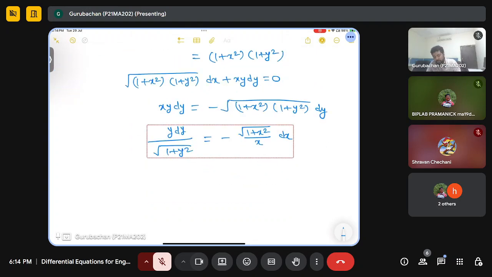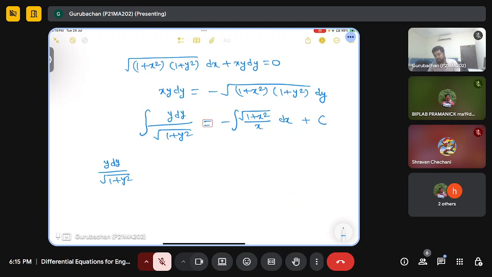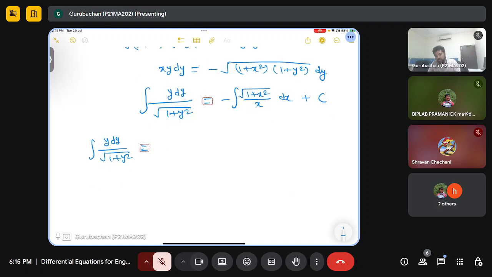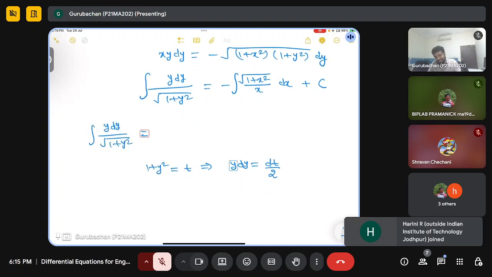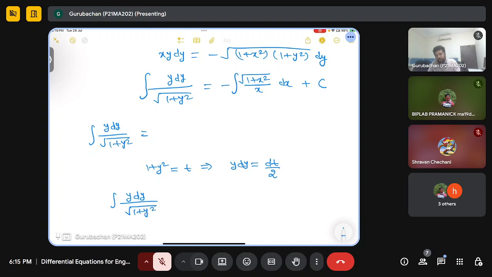Okay, sir. So if you observe from here, we can separately integrate both sides, and there will be some constant. Correct? To solve this one, you can consider 1 plus y square as some t. So it will give you y dy equal to dt by 2. So this integral y dy divided by the square root will convert into integral dt by 2 under root t.